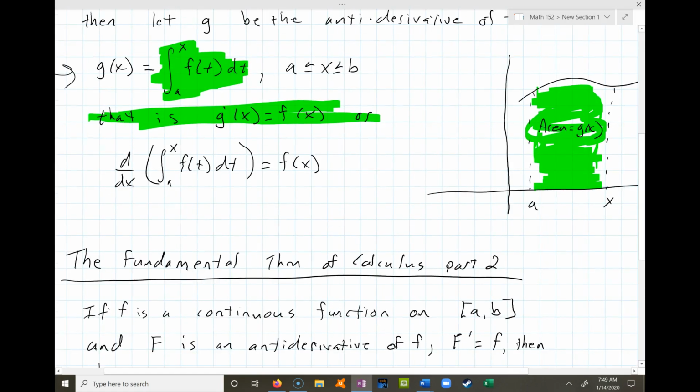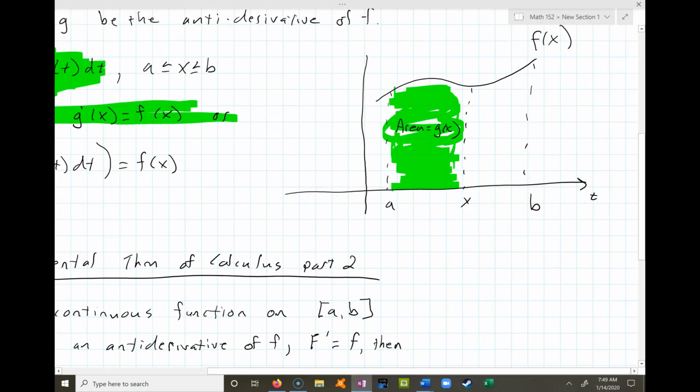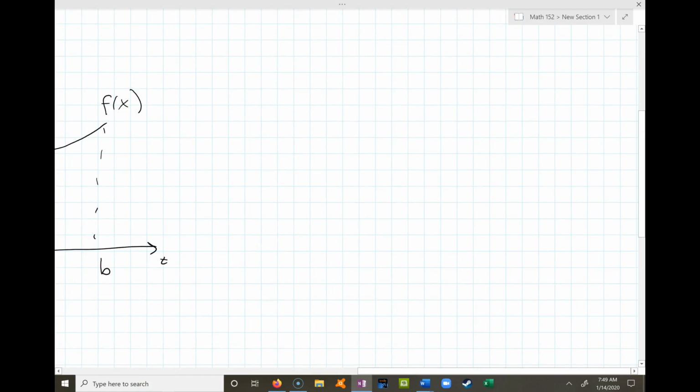For example, if I take the derivative of x squared, you all know that we will get 2x. So what this is telling me is that if I integrate 2x dx, I will get x squared. One operation undoes the other.